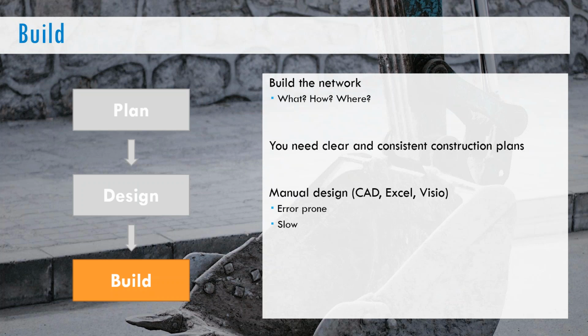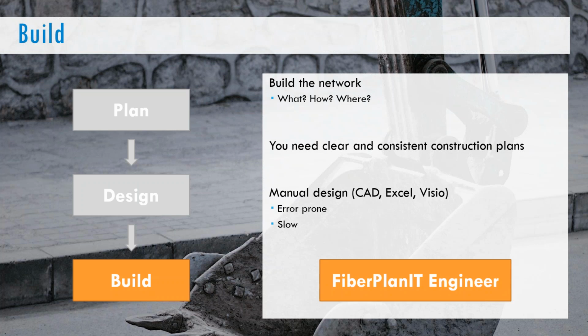It's easy to make a mistake, to use the wrong label, for example, which screws up the network. And the design itself is quite slow, quite labor intensive, very repetitive work. Now, for this, I want to show you the FiberPlanIT engineer to show you how this solution can help you at this stage of your project.